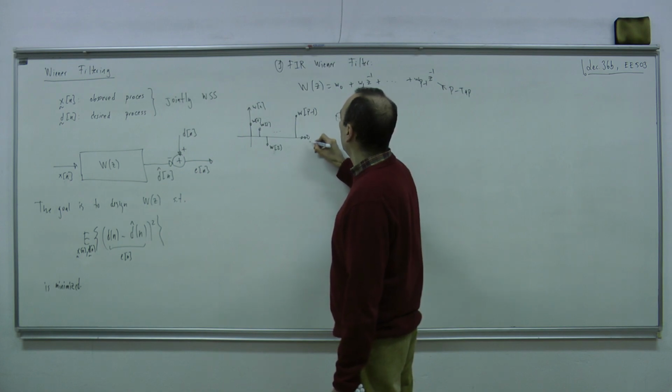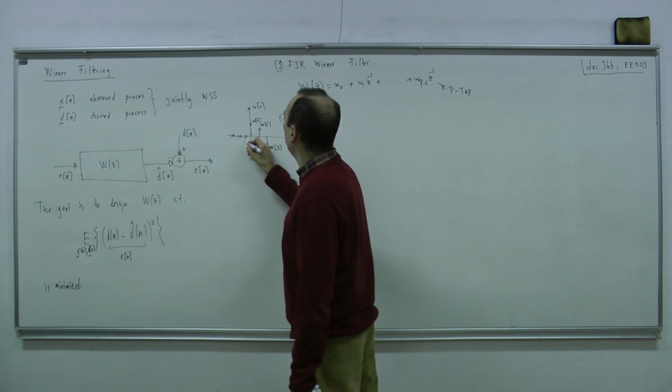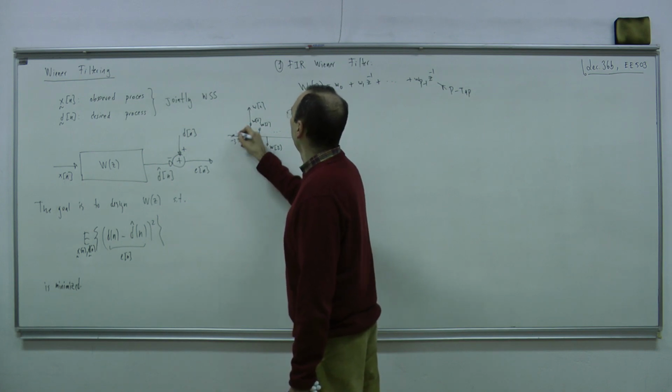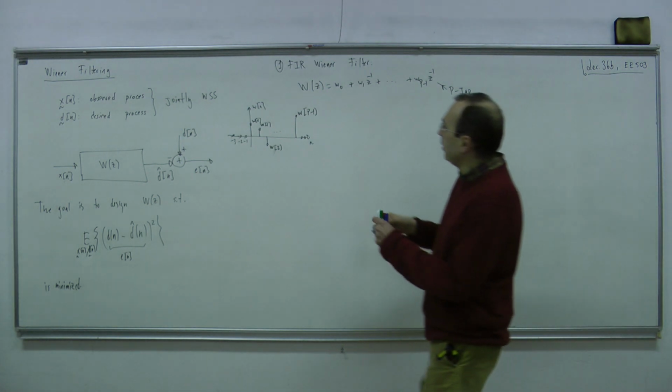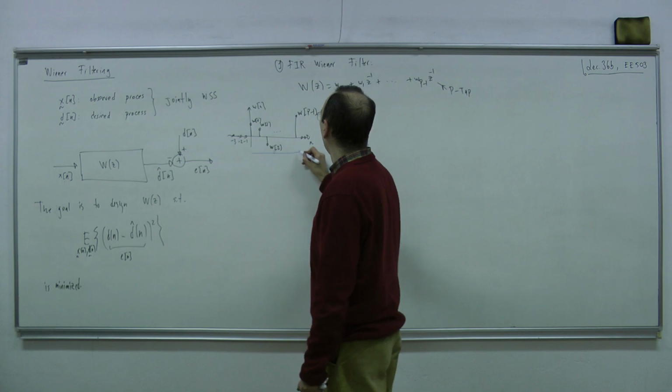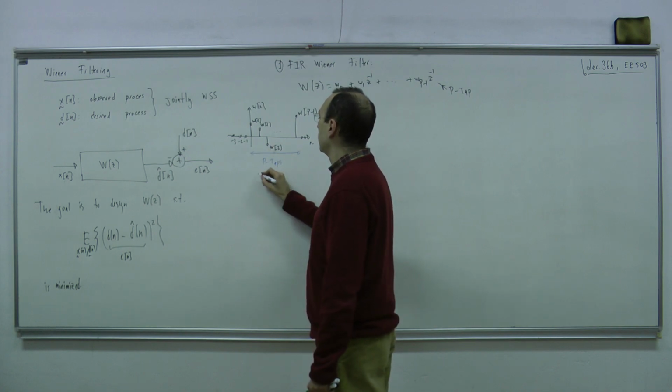And the rest of those samples are equal to 0 in the impulse response. And since this is a causal sequence, okay, causal impulse response, so I have basically P taps over here. P filter coefficients, mainly I can have P coefficients.